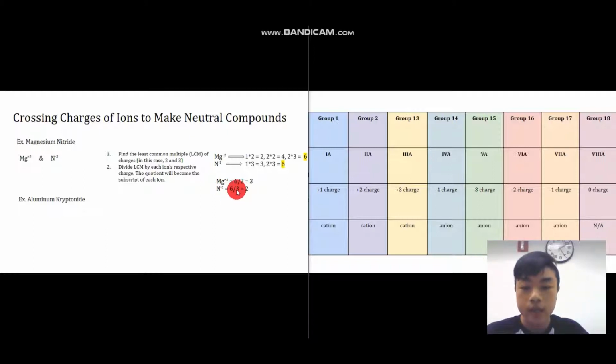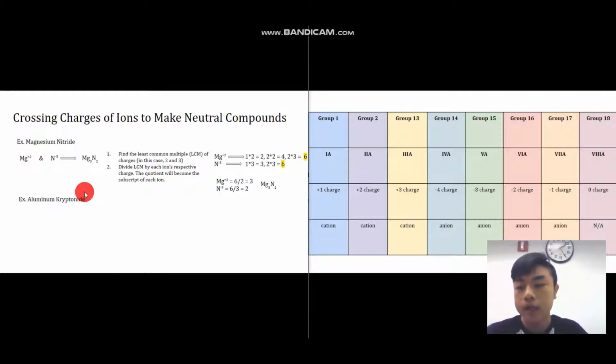And notice how I didn't, again, divide by -3, because if I were to do that, then I would have -2, which is kind of impossible because you can't have a negative quantity of something. And so our formula is just going to be Mg3N2.